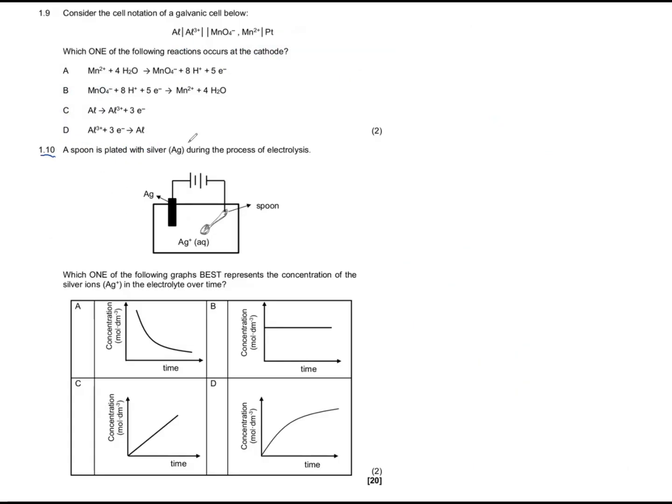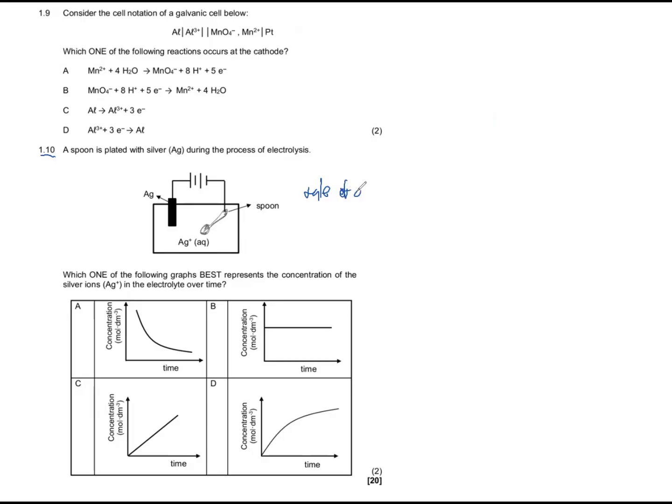1.10, a spoon is plated with silver, Ag, during the process of electrolysis. Now they say, which one of the following graphs best represents the concentration of the silver ions in the electrolyte over time, right? Now, this is an electrolysis process, and what we know about this process of electroplating is that the rate of oxidation is always equal to the rate of reduction.